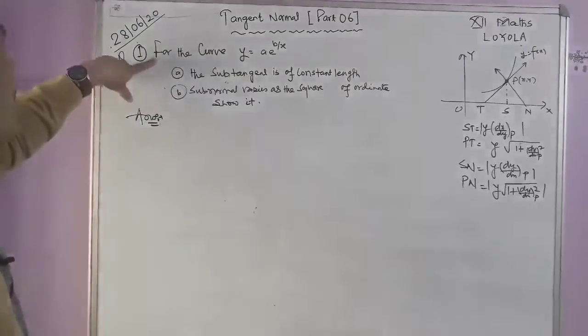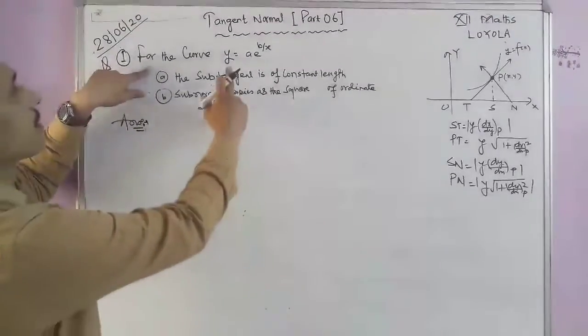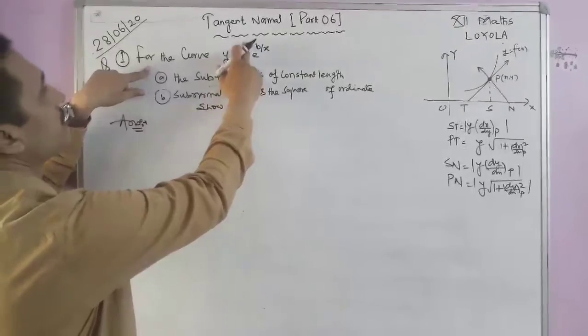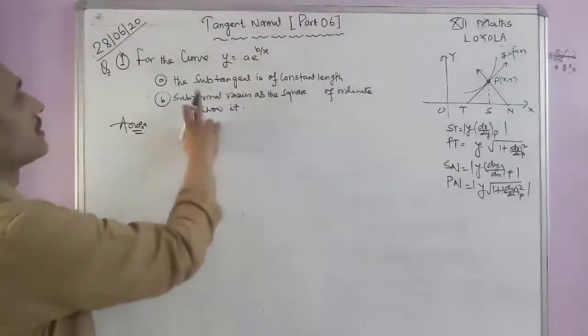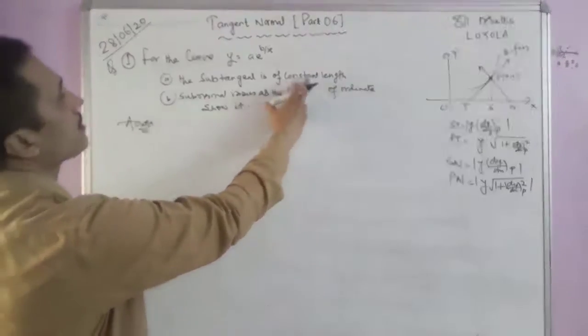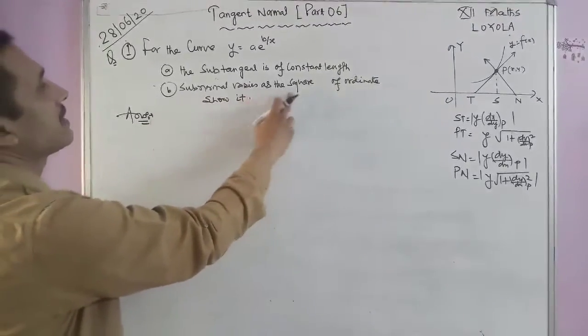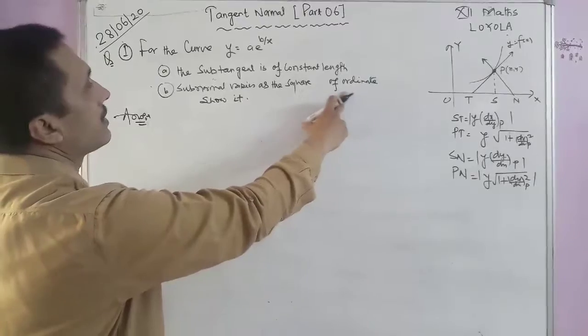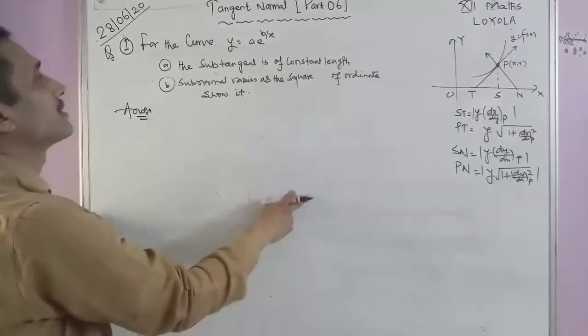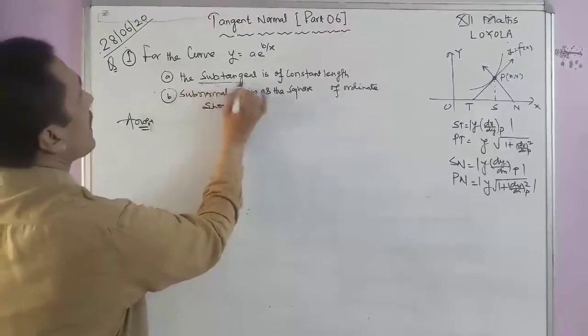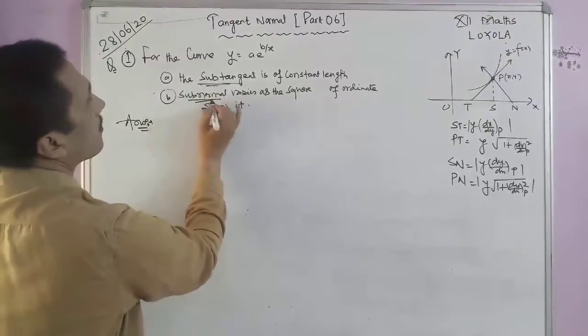The first question is, for the curve y equals a e to the power b by x, the subtangent is of constant length. Second, subnormal varies as the square of the ordinate. Ordinate means y coordinate of the point. Here subtangent and subnormal are used.